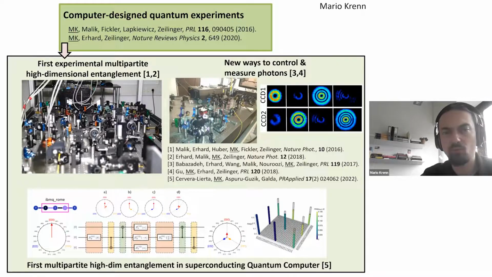But for this level 2, it was not very well known how one can use the gates to do something useful. And then by applying this simple algorithm, we were able to find the first circuit that can create also here in the superconducting system a high-dimensional multi-particle entangled state, and we then ran it on the IBM quantum computer, and for the first time generated also the high-dimensional multi-particle entanglement.